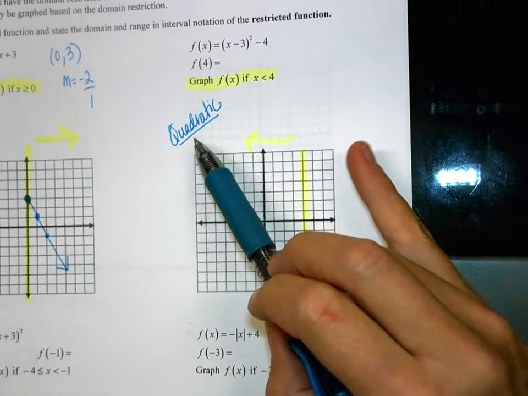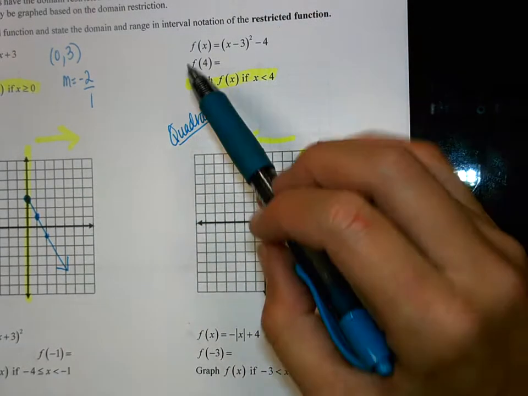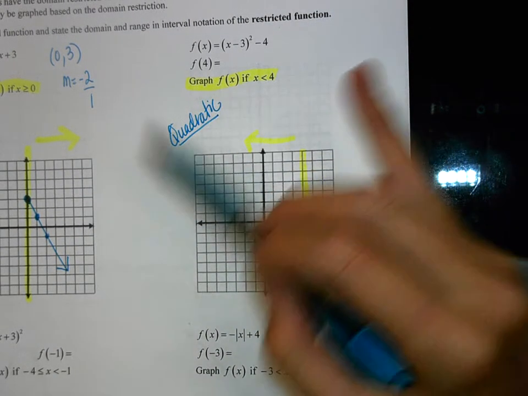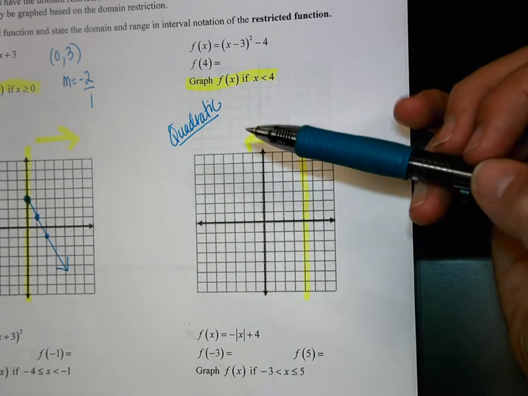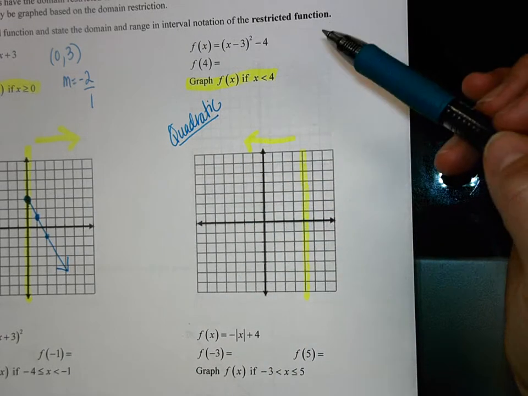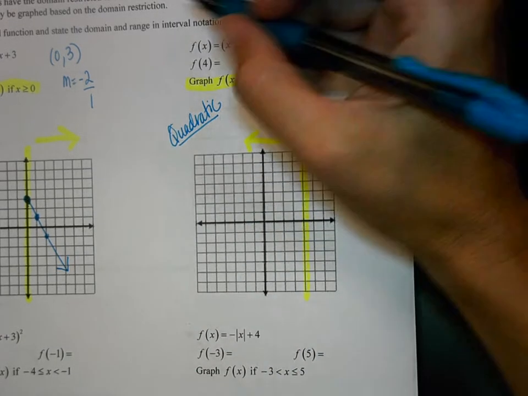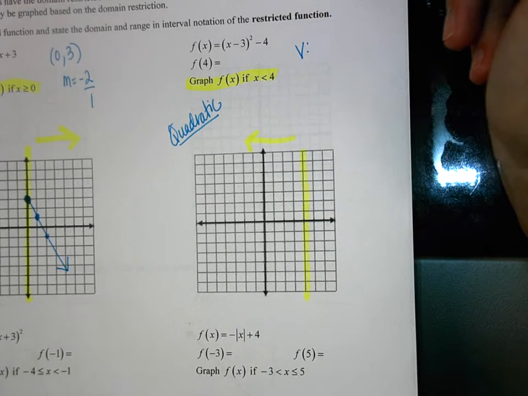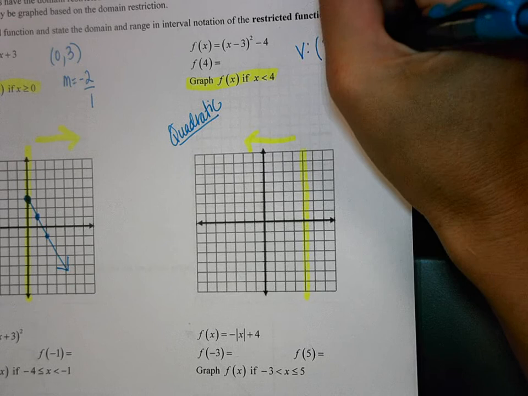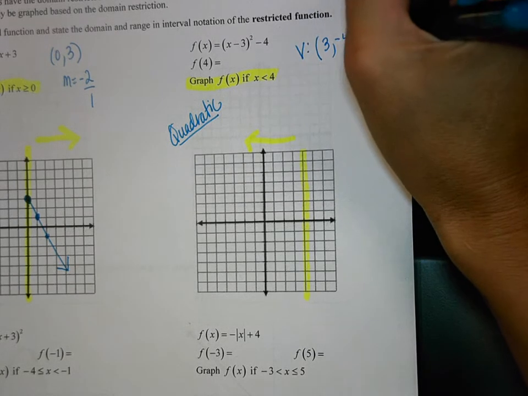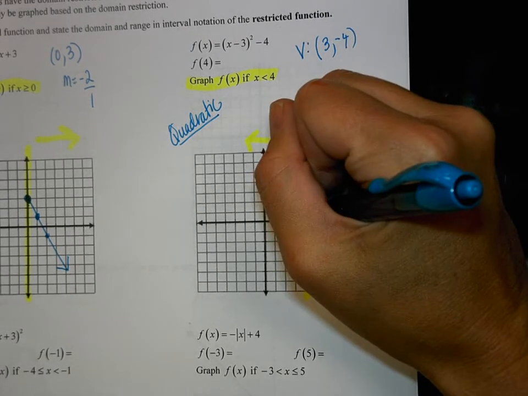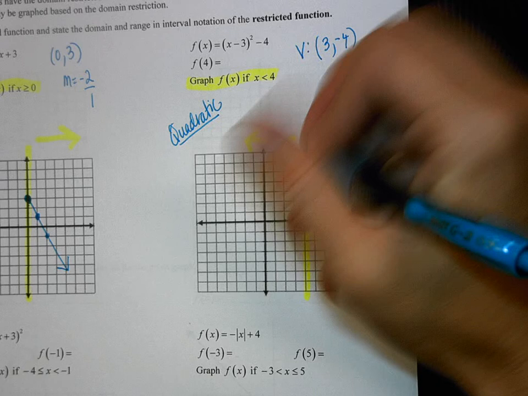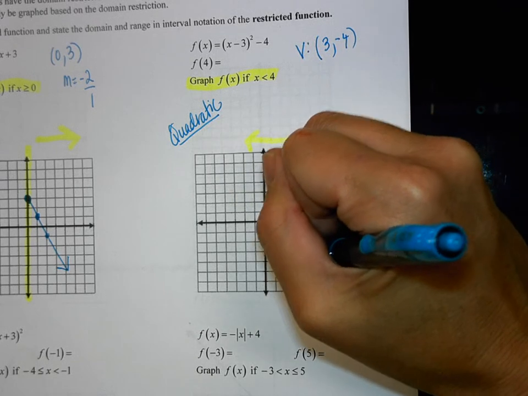I always write what it is because as I'm graphing it, I want to make sure that I'm graphing the right thing. Because sometimes we'll make a line, but it's really supposed to be something else. Okay, so with quadratics, you have a vertex. And what is my vertex for this problem? 3, negative 4. Okay, so we go right 1, 2, 3, and then negative 4. 1, 2, 3, 4.